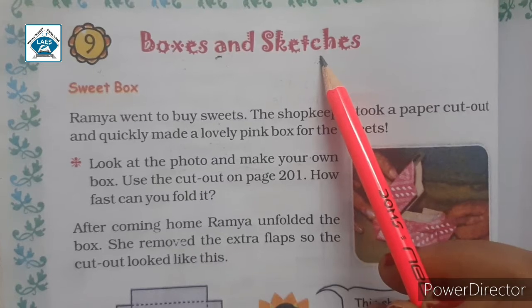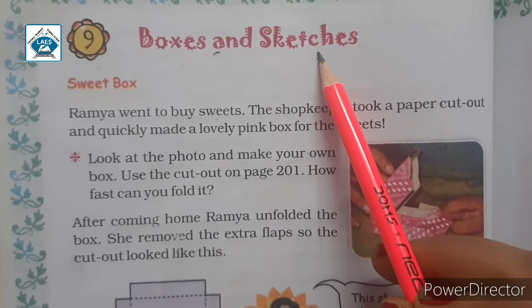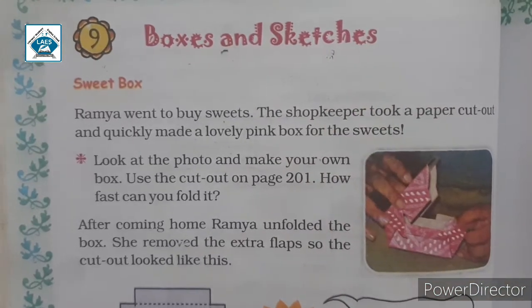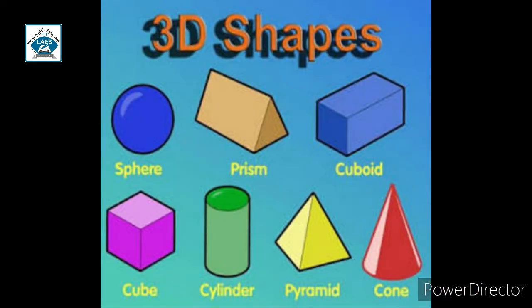So at first, let's have a look at these 2D and 3D shapes. You can see here some 2D shapes and 3D shapes. 2D shapes like circle, triangle, square, rectangle, and others, and 3D shapes like sphere, prism, cuboid, cube, cylinder, and others.